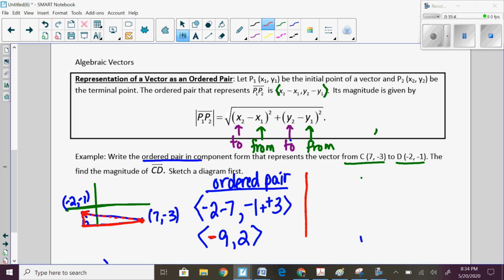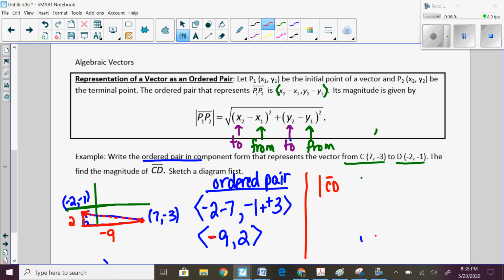So this is going to be helpful because we can now find the magnitude. I'm going to put negative 9 here for direction, and I'm going to put 2 here for the direction. We can find the magnitude of our vector. And all we have to do is take the absolute value.